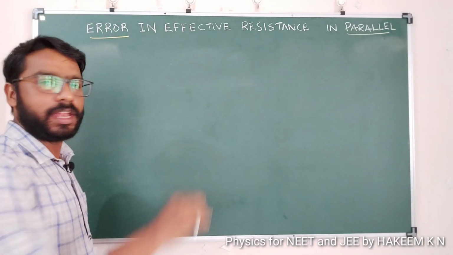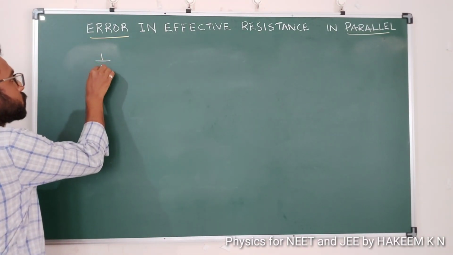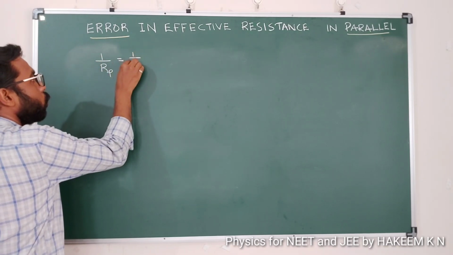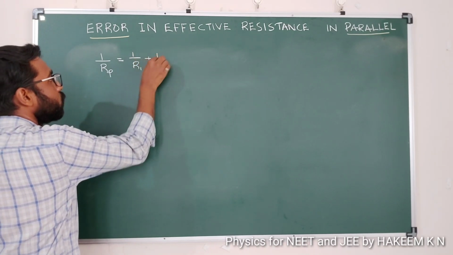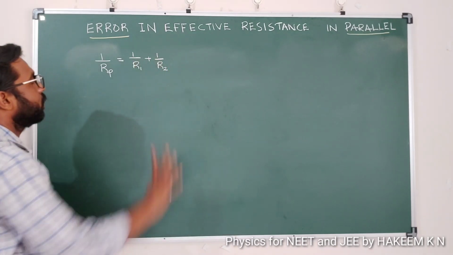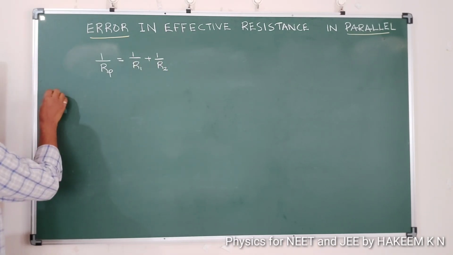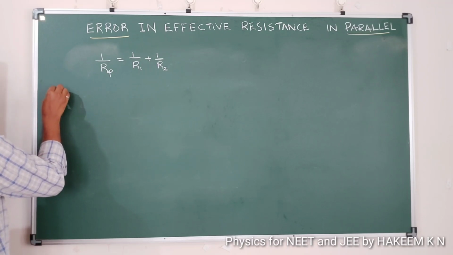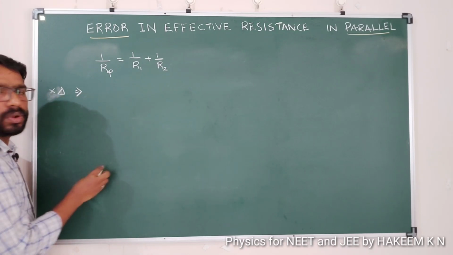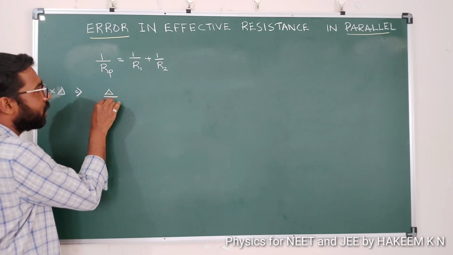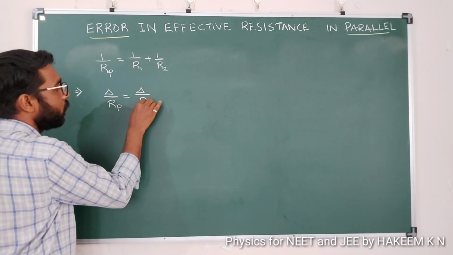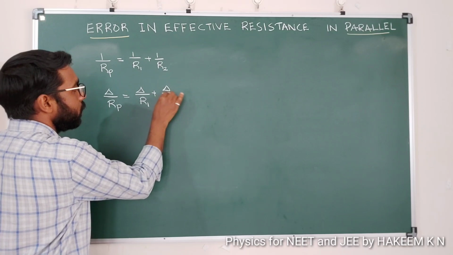Effective resistance in parallel is found using the equation 1 by Rp equal to 1 by R1 plus 1 by R2, for two resistors R1 and R2 connected in parallel. Applying delta, which means change or error, we get delta by Rp equal to delta by R1 plus delta by R2.